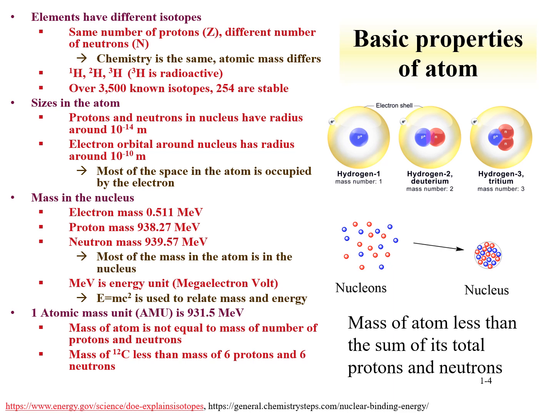Now let's review some of the basic properties of atoms. Likely you have seen this before in previous classes. So elements have different isotopes. Elements are defined by atoms with the same number of protons, and here I'm going to call protons by the letter Z. So in the course, if you see a Z number, it means the number of protons, and different number of neutrons.